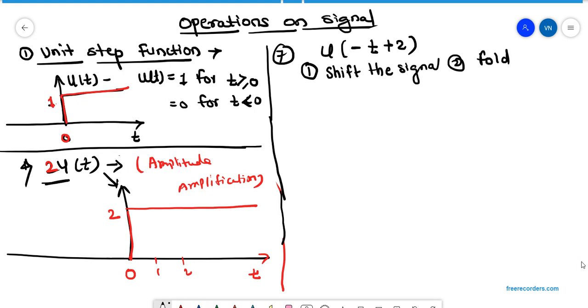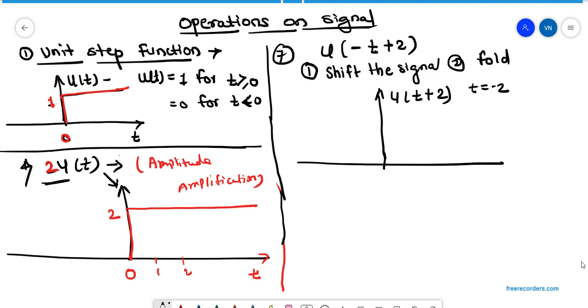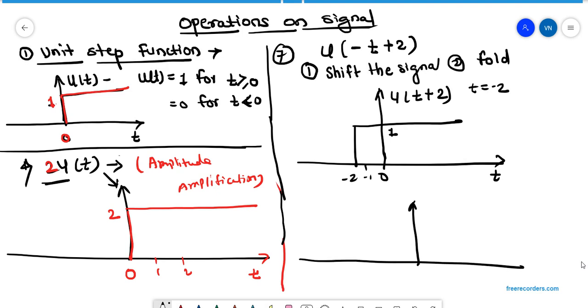So first you draw u of t plus 2. This is a delayed signal, because you shift by minus 2. So that signal will start from minus 2 onwards, minus 2, minus 1, 0, like this, with amplitude 1. Then write a mirror image of that, because I have minus t plus 2, which means I have to reverse that signal.